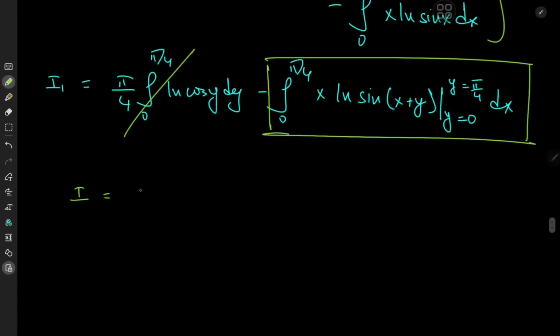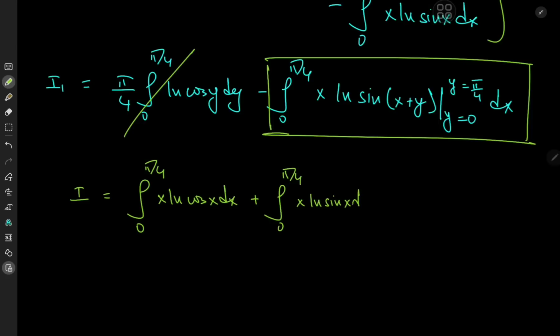So that means the target integral I equals the integral from 0 to pi by 4 of x times log cosine x dx, plus the integral from 0 to pi by 4 of x times log sine x dx, minus pi by 2 times the integral from 0 to pi by 4 of log cosine x dx. And how on earth are we going to solve all three integrals?